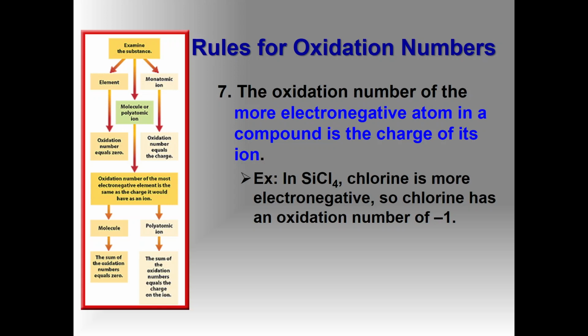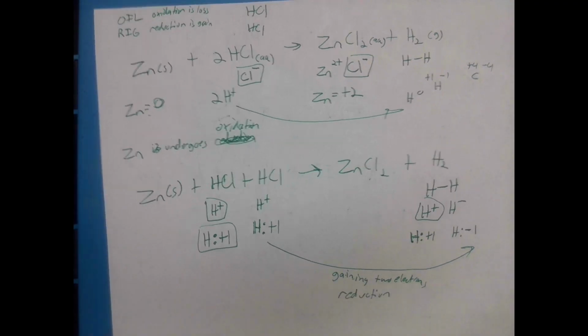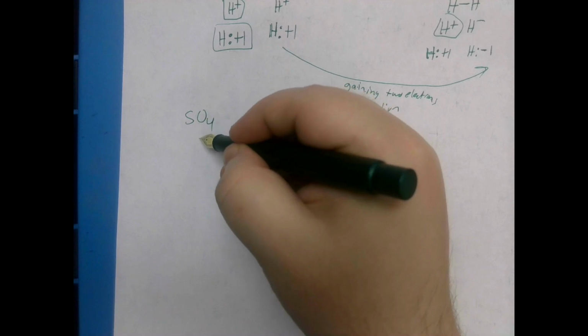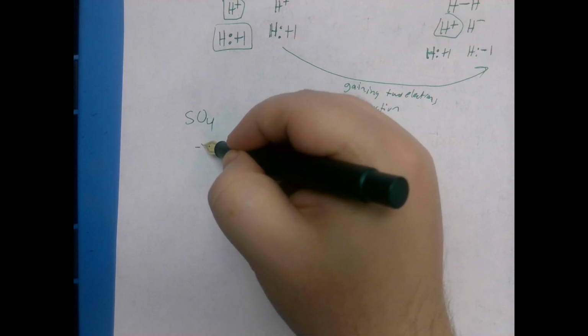So in silicon tetrachloride, chlorine is more electronegative, so chlorine has an oxidation number of -1. So this is where oxidation number and charge differ. Silicon doesn't get a charge of +6. For example, whenever I've been telling y'all how to figure out the charge of the ion, like sulfate, I've been saying the charge of oxygen is -2.